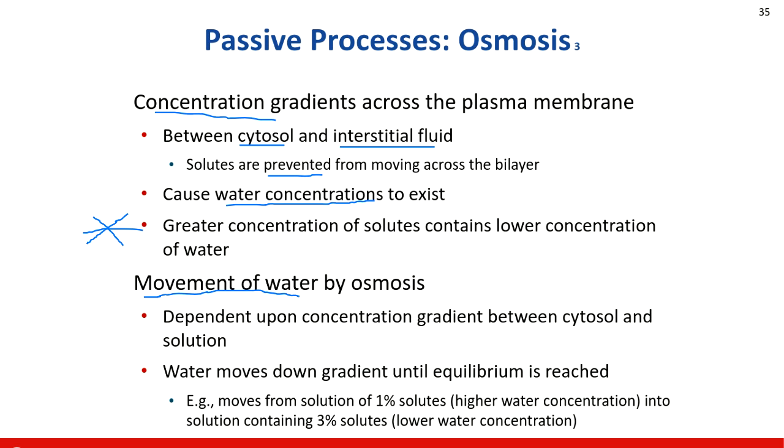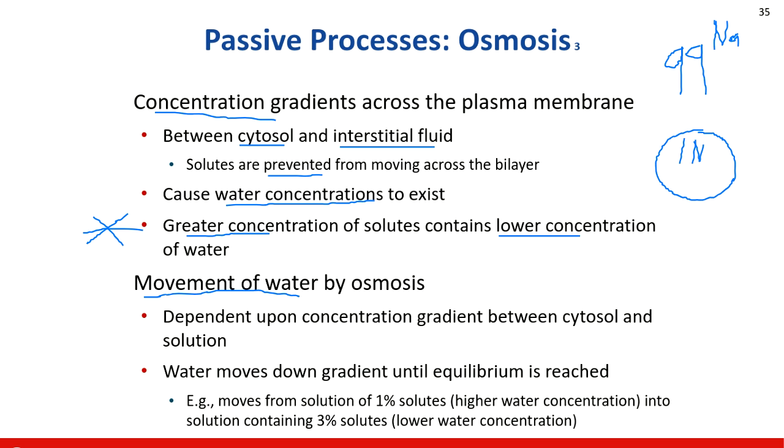A greater concentration of solutes is going to contain a lower concentration of water. Okay? Keep that in mind. A greater concentration of solutes is going to have a lower concentration of water. To give you an example, you've got 99 molecules, let's just say sodium, on the outside of the cell, and one on the inside, like we used before.